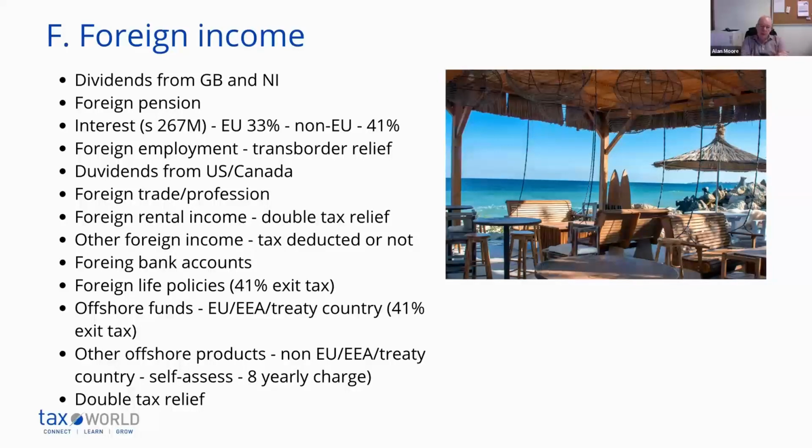The one to watch there is the 8-yearly charge, because if you have been invested in an offshore product outside the EU, EEA or a treaty country, and 8 years have passed since the investment happened and the fund has appreciated, you could be hit with an 8-yearly charge and not even know about it, the fact that you have to declare it.